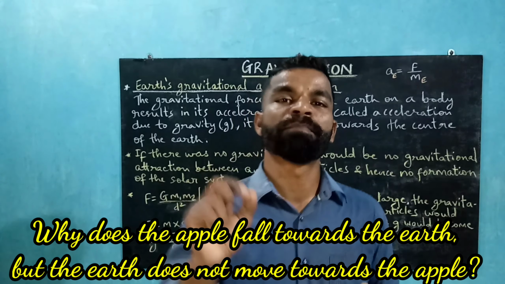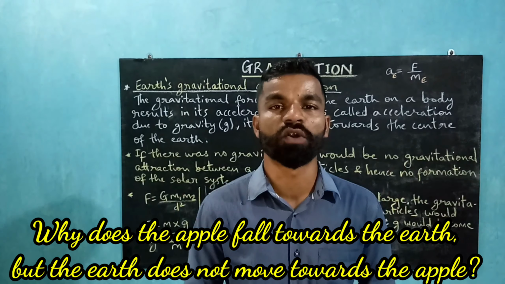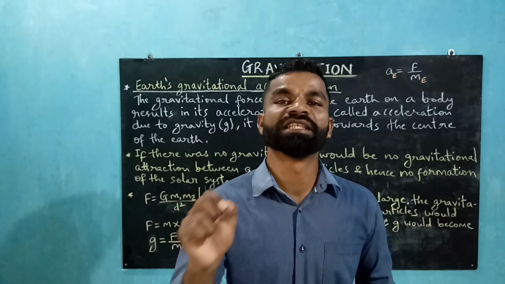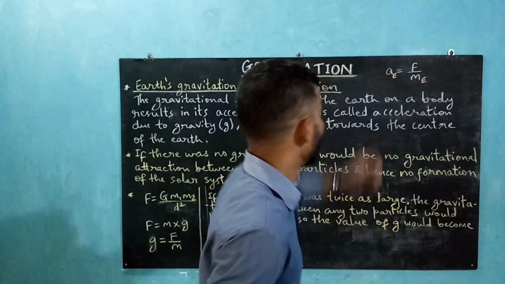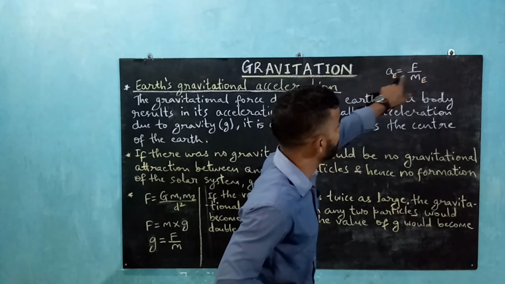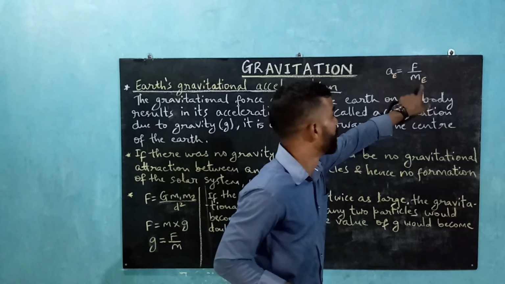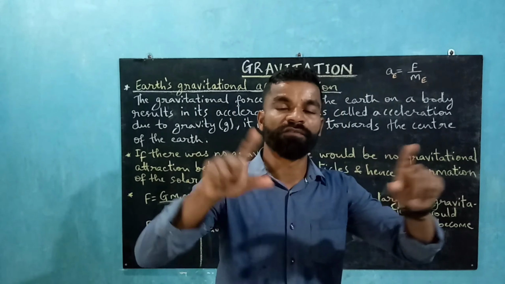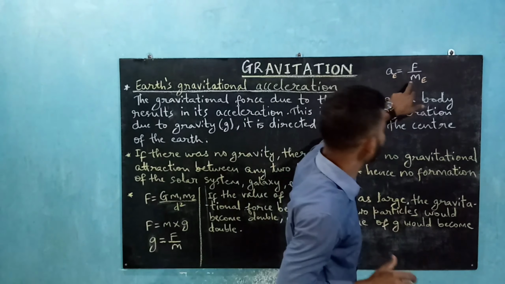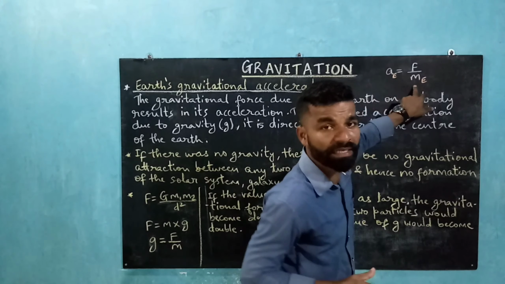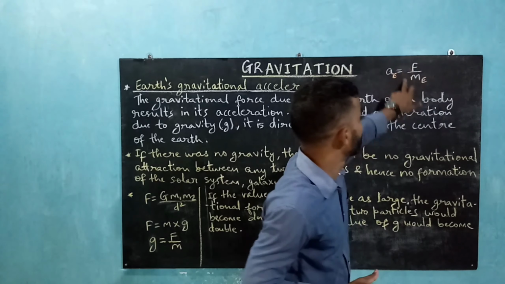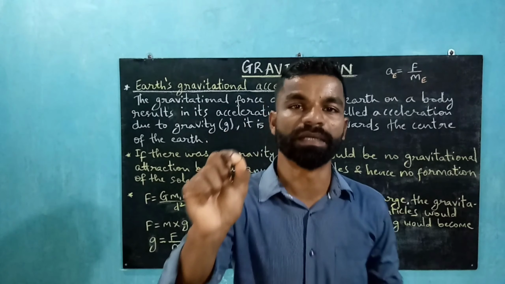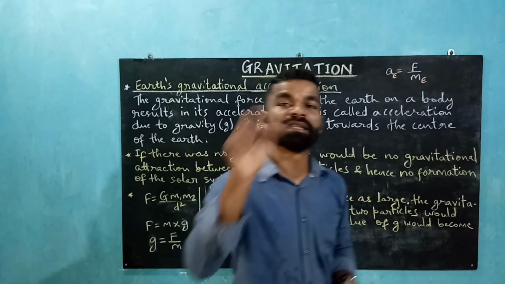The reason is simple. It is the huge mass of the Earth which results in very negligible acceleration of the Earth. You can see here the acceleration of the Earth depends on the mass of the Earth, which is 6 into 10 raised to 24 kg, a very high value. That means this high value is in the denominator, so the acceleration of Earth will be very negligible if we compare it with the apple.